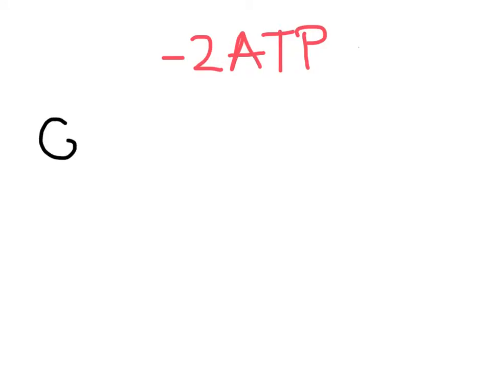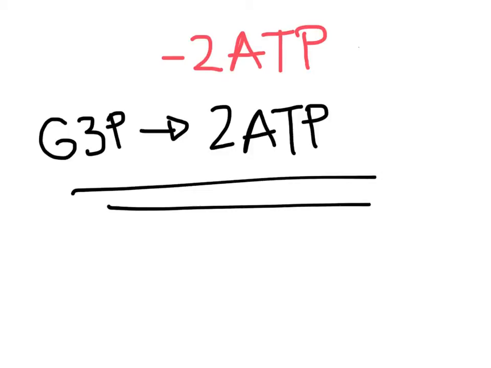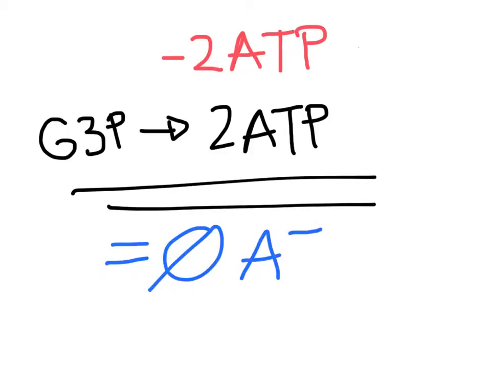Each G3P leads to 1 ATP, so now we have 2 ATP molecules, which means the 2 that were originally sacrificed have been accounted for, and we now have a net of 0 ATP. This portion of glycolysis is called substrate level phosphorylation.